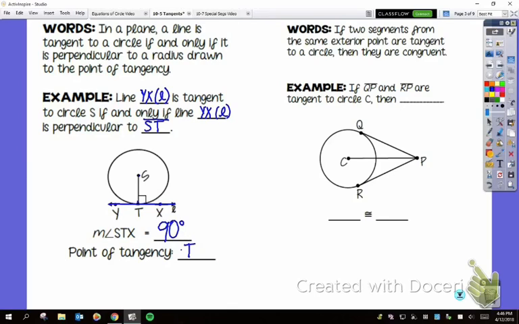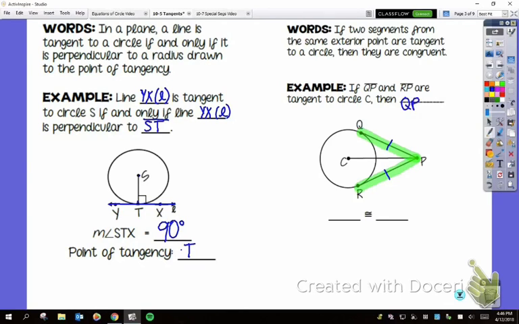Now, our example for our second theorem says if QP and RP are tangent to the circle C, then blank. That blank just means that if our lines, this line and this line, are tangent, which they're both tangent, they only hit the circle at one place, and they come from the same exterior point, then we know that those segments would be equal.